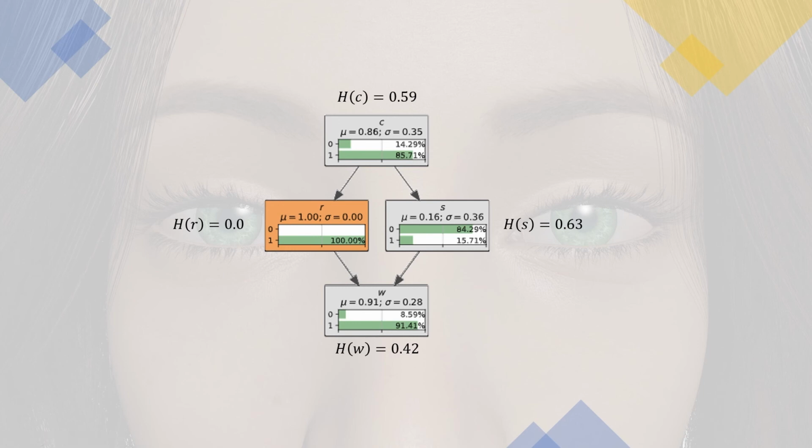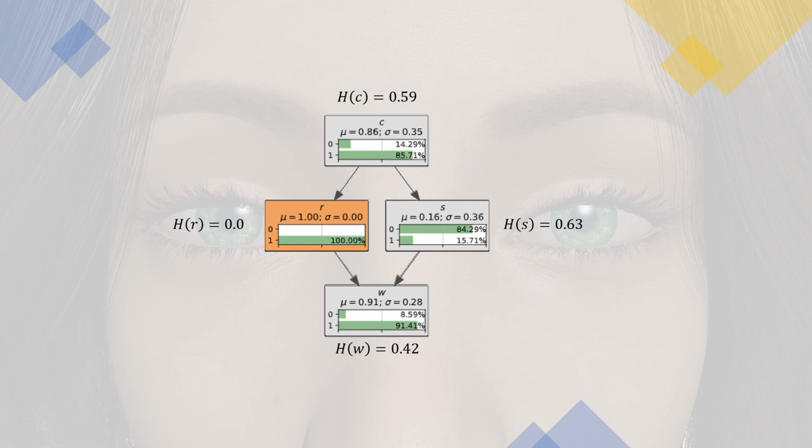In this case, we got a yes as an answer. So we have evidence about the fact that it is raining. So the entropy of the node representing raining goes to 0 because we are absolutely sure that it's raining, and all the other probabilities are modified accordingly. So as you can see, the entropy of W was reduced. Still, it is not reduced enough.